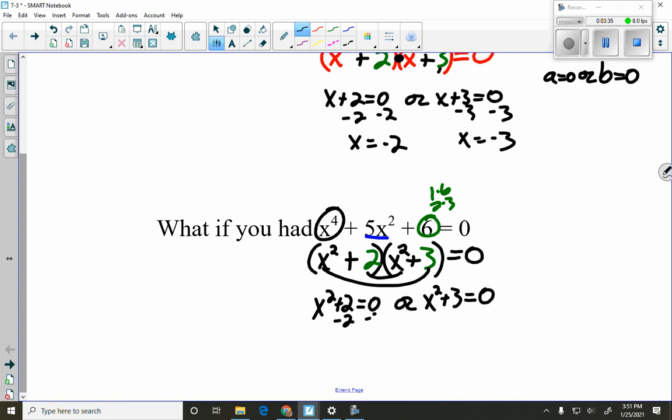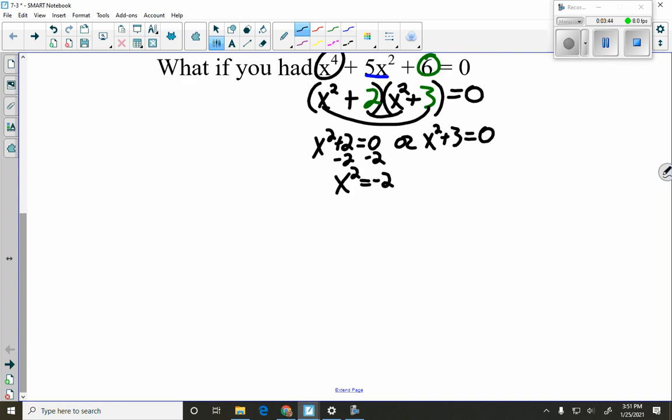Minus 2 to both sides, but then I end up with x squared equals negative 2. If I want to solve that more, I can square root both sides. Don't forget, when I square root both sides, you have to have plus and minus. But it's a negative 2 in there, which means I have to take out an i. And so your answer would be x equals both positive i square root of 2 and negative i square root of 2.